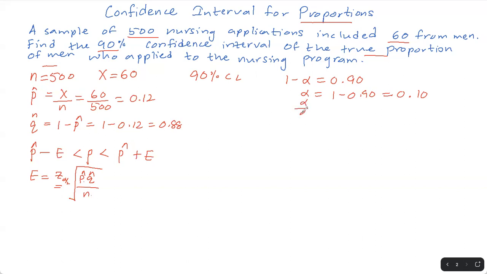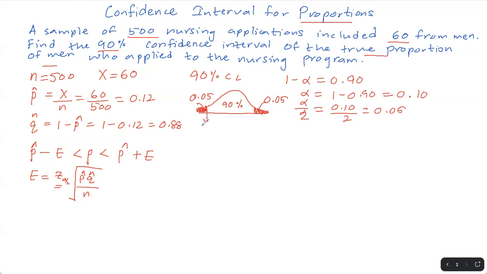So let's find alpha over 2 here. 0.10 divided by 2 is 0.05. So you have to look at two tails. One tail, the area under the curve, is 0.05. The other tail also has area 0.05. The middle part is 90%.